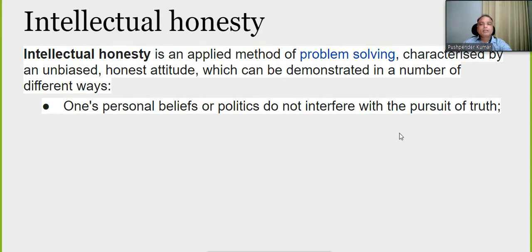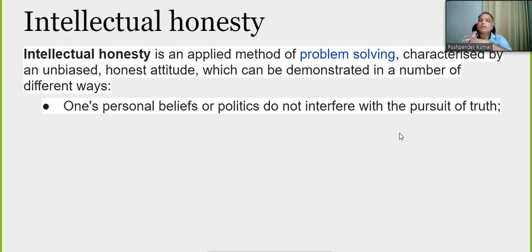Here is what we need to note down: one's personal belief or politics does not interfere with the pursuit of truth. If you have a different kind of personality, you may have your personal beliefs, right? Or you may be somewhere linked with some kind of politics. Politics doesn't mean you are part of a particular political party. Whenever two people are talking about a third person, that is an example of what is called politics.